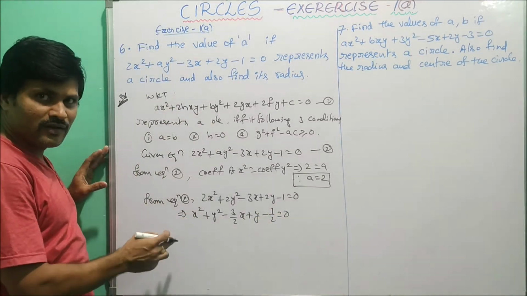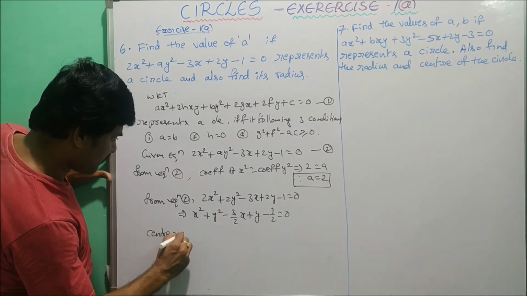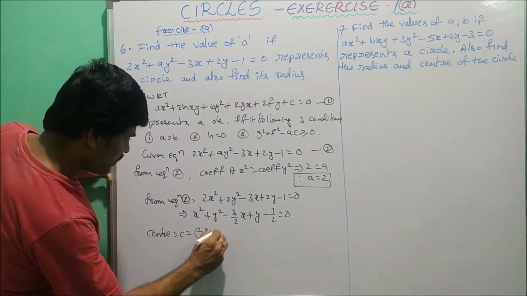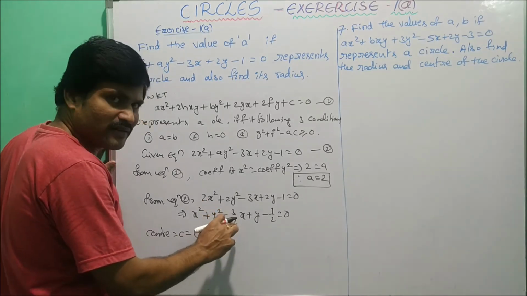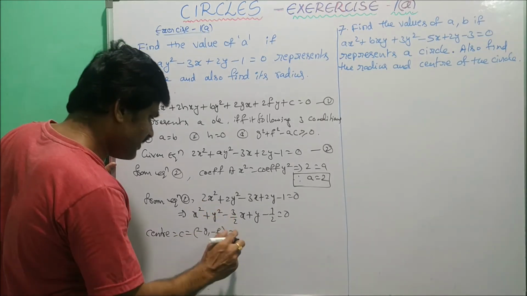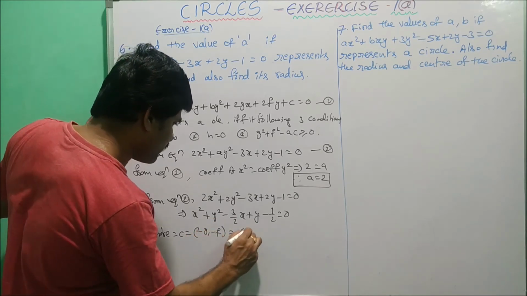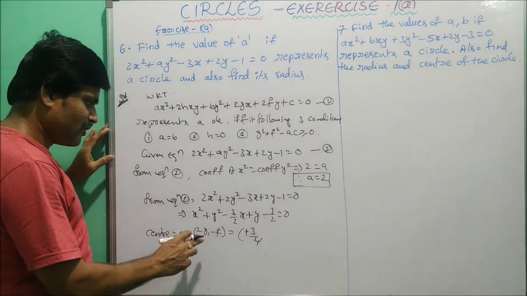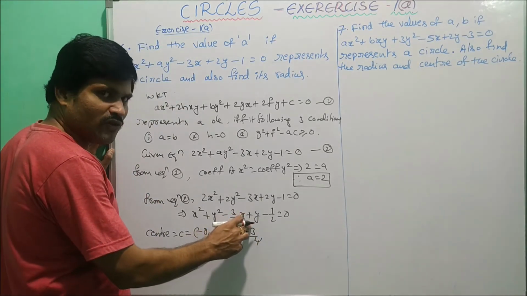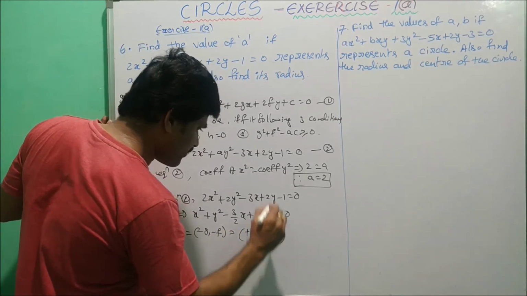Now to find the center of the circle, center C equals (−g, −f). Clearly here 2g equals −3/2, so g equals −3/4. So −g means plus 3/4. And for −f, 2f equals 1, so f equals 1/2. So we take −f as −1/2.